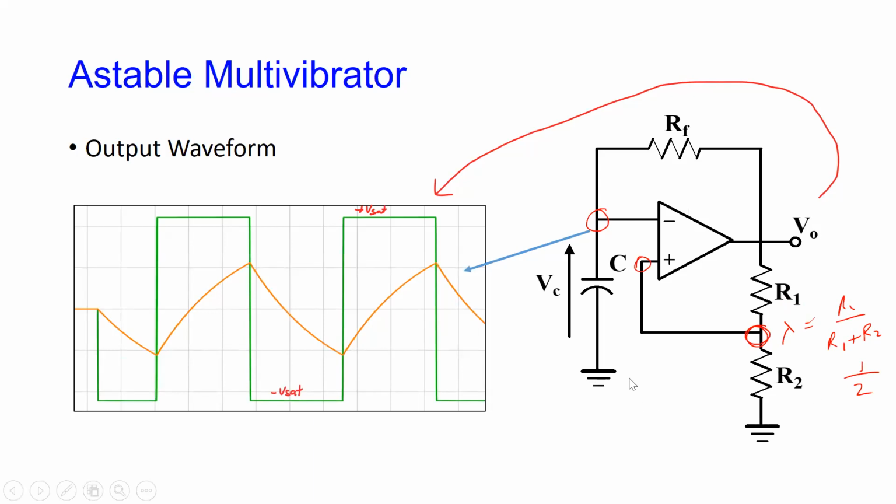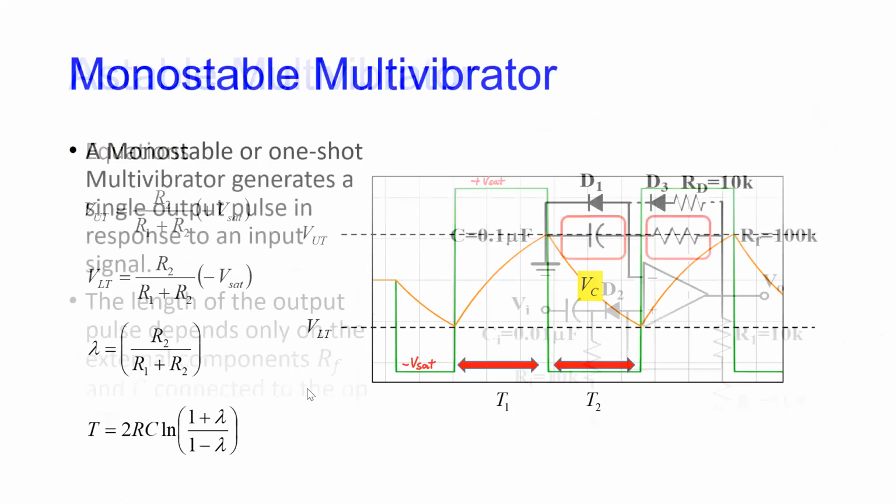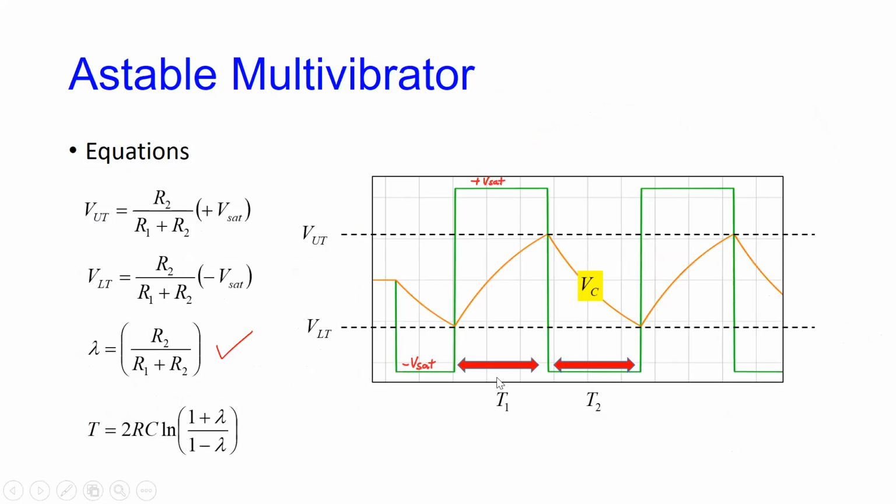Okay. And then you could work back from that, and then you get the timing here. And then we went from the astable to see, okay, let's try and just let it stay, basically stay here.